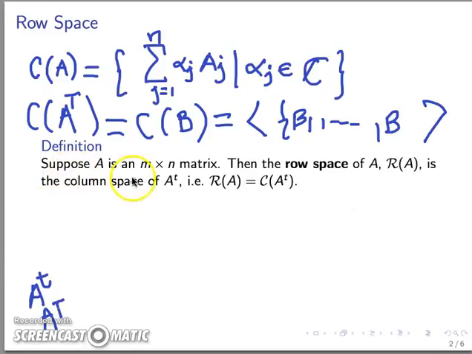If the matrix A is m by n, that means that A transpose would be n by m. In other words, B would have m columns. So as long as you are careful with the dimensions, this is the way of thinking about this new set, this new space called the row space.